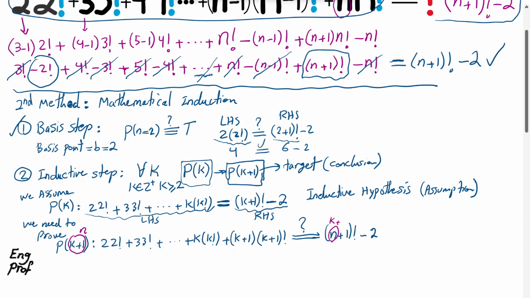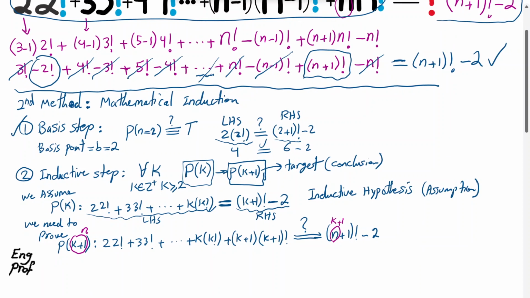Therefore, as a result, my right hand side becomes k plus 2 factorial minus 2, because I substituted n with k plus 1. There is an additional plus 1 here. Okay, so what am I trying to show?